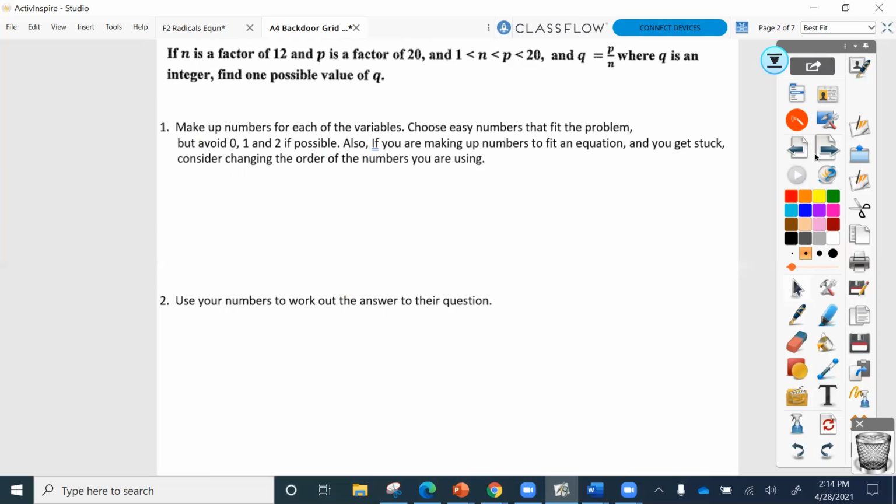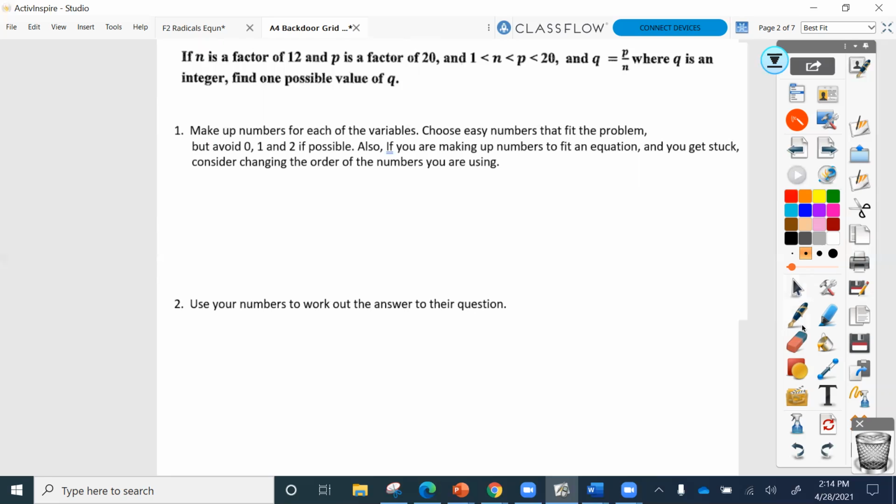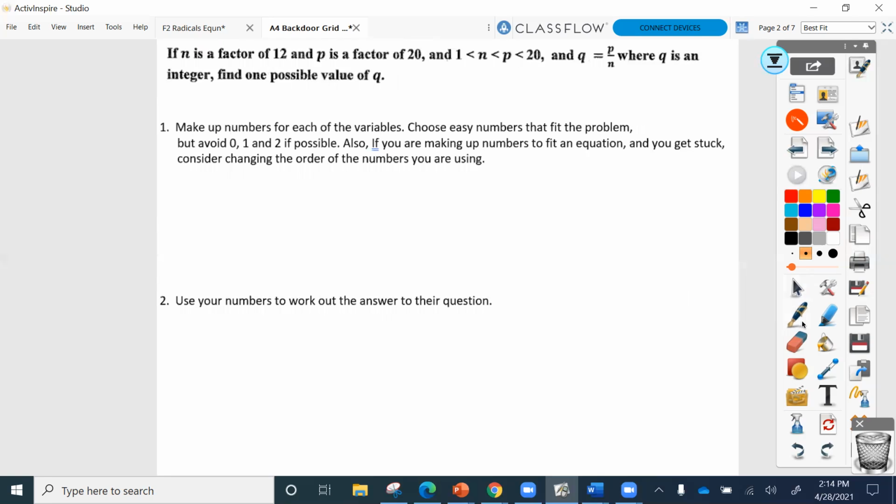So let's start with the fact that n is a factor of 12. All right, so here's n. And let's list the factors of 12.